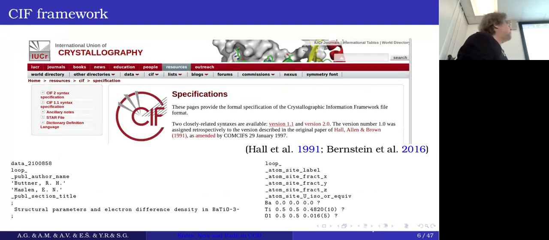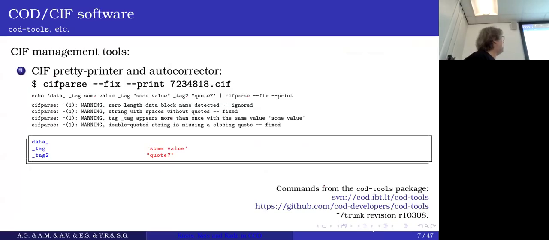I don't need to introduce CIF much in this audience. It was already presented yesterday. So we use this standard maintained by the IUCr to record, ingest, and distribute all our data. And as you've seen already, this is an example of it.